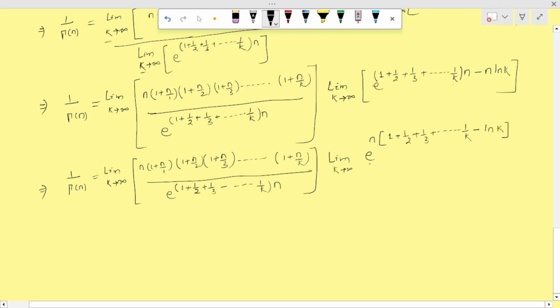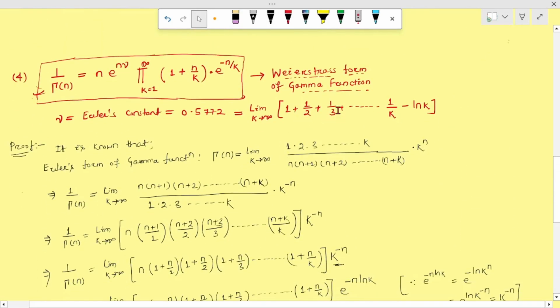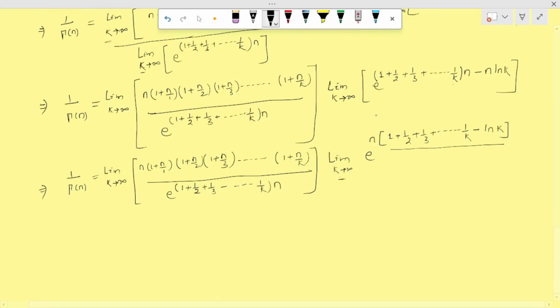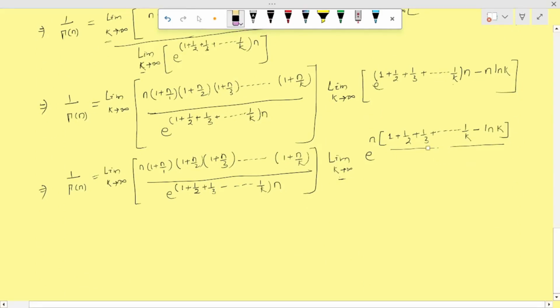Here limit k tends to infinity, this infinite series is nothing but mu. Mu is nothing but 1 plus 1 by 2 plus 1 by 3 up to 1 by k minus ln k, that is Euler's constant. So instead of this I can substitute the value mu. The limit is nothing but mu, and I can substitute this in the next step.